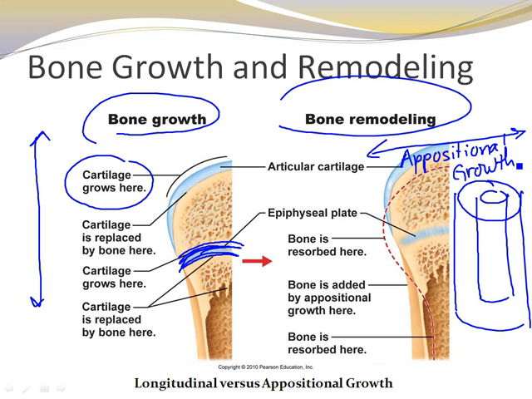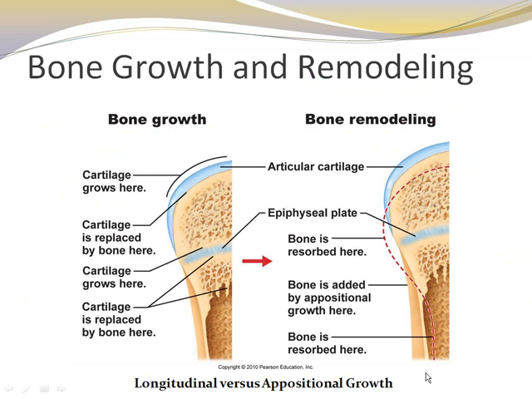And let's see, what about bone remodeling? If we look over here, what they're trying to show you here is that, like here on this little outline here, that might be the original shape of the end of this particular bone. But then notice, compare that with the mature shape that you see there on the diagram. So notice you had some bone over here. What they're trying to show you is that originally there was some bone sticking out there.